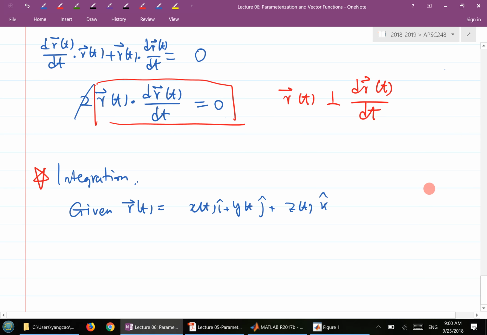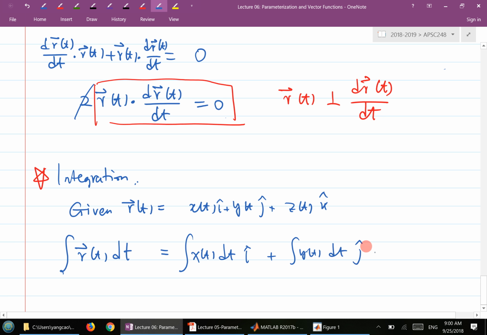Given a vector function r of t, if we're going to integrate this vector function, it's very straightforward. All you need to do is the integral for each one of the components. So you do the integration of each one of the components here.